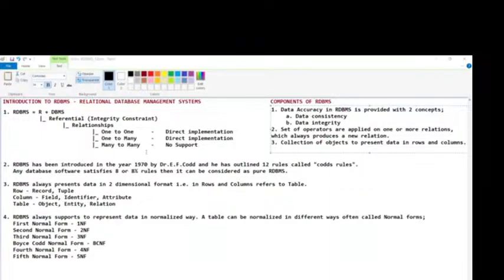No, whether it is one table or 100 tables, all tables provide data presentation always in rows and columns. Collection of objects to present data in which format? Rows and columns. Objects you call, tables you call, your wish. Already I mentioned that object is another name for table.